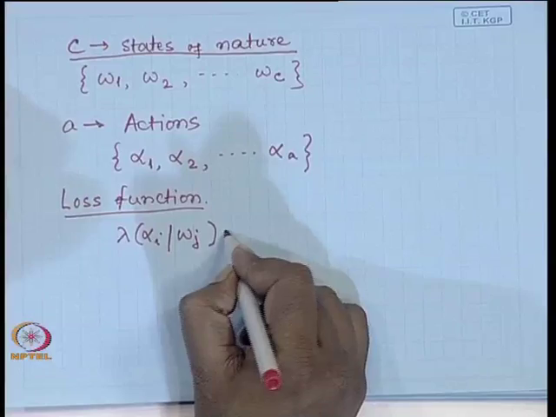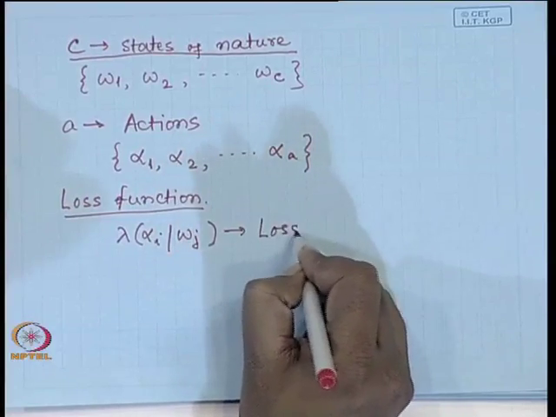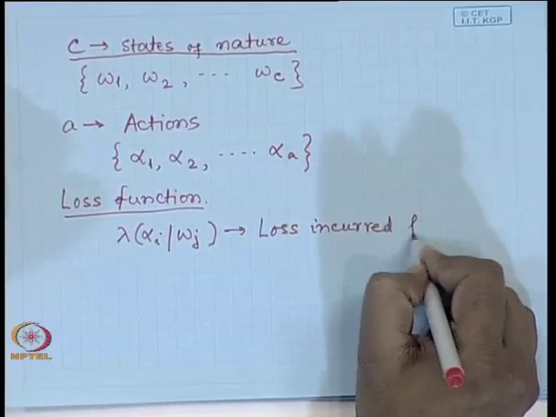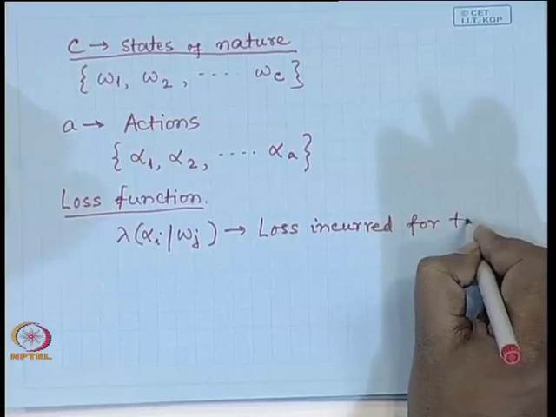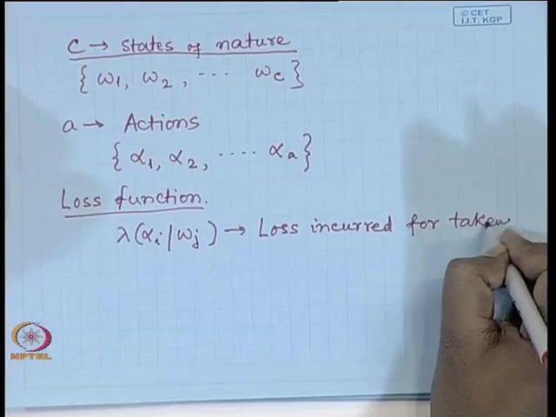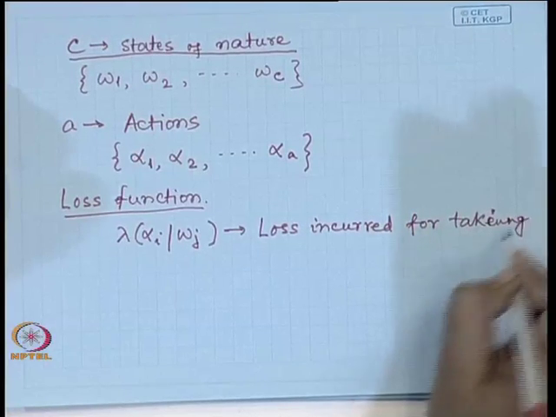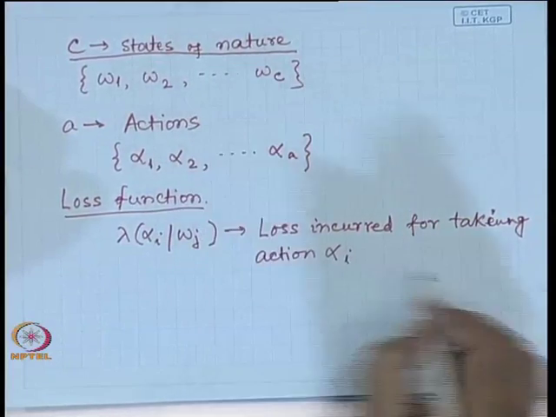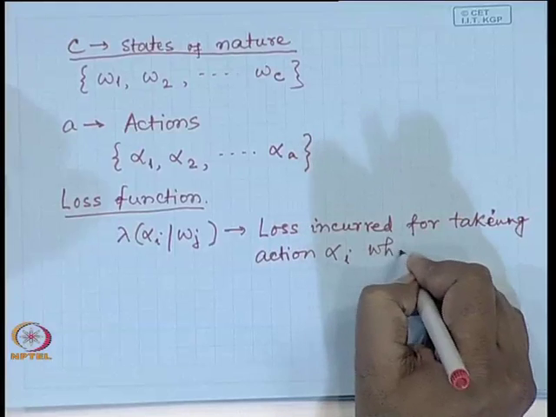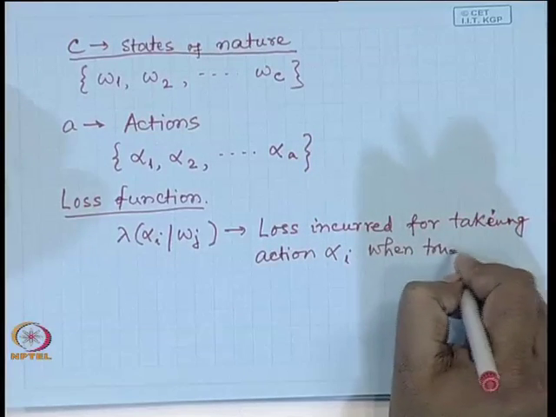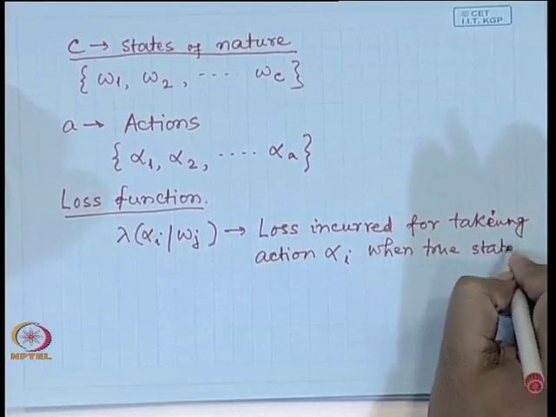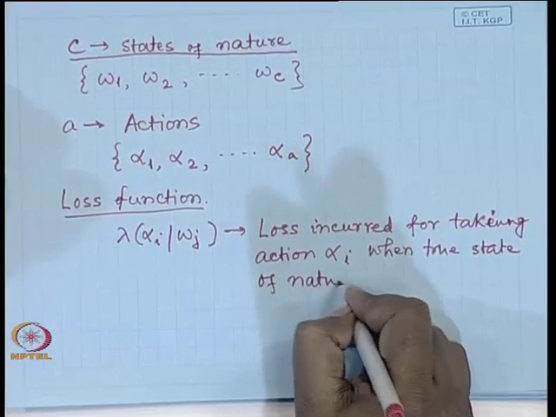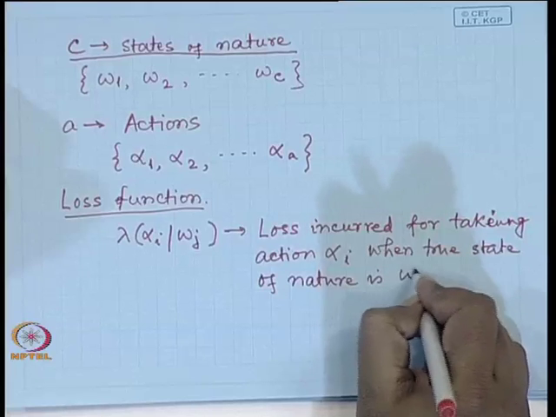This is the loss incurred for taking action alpha i when the true state of nature is omega j.